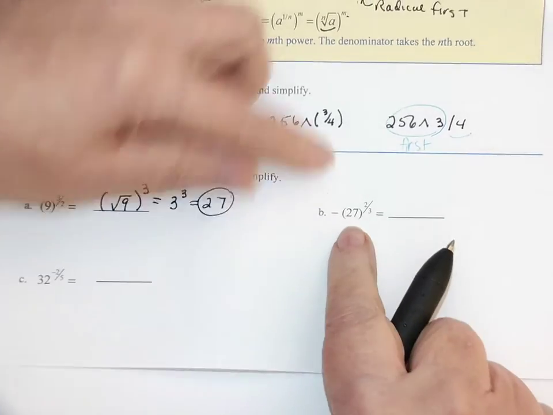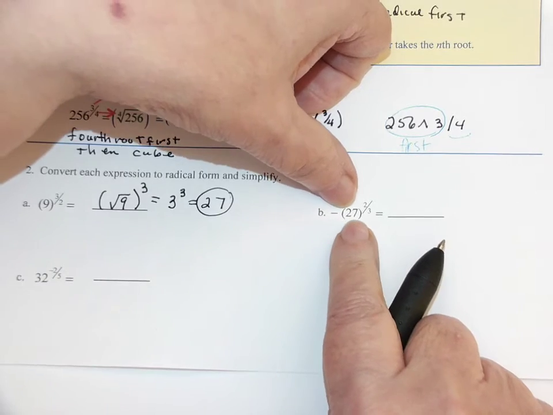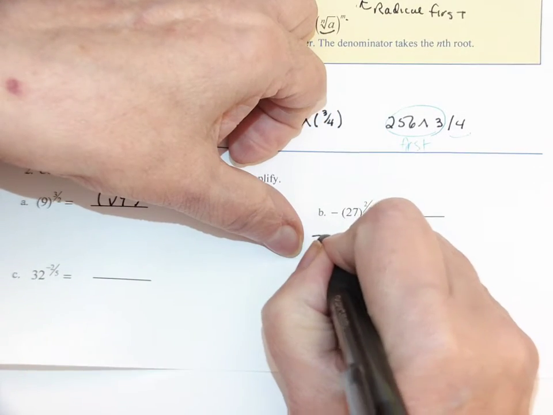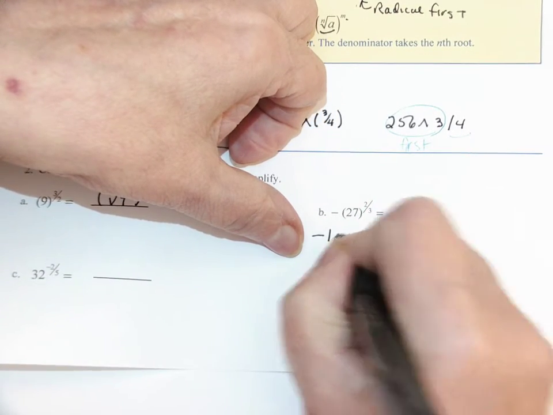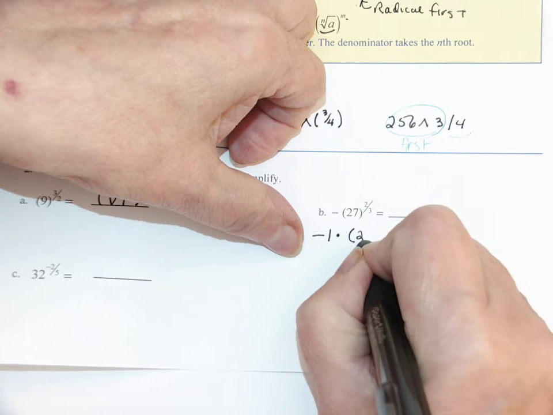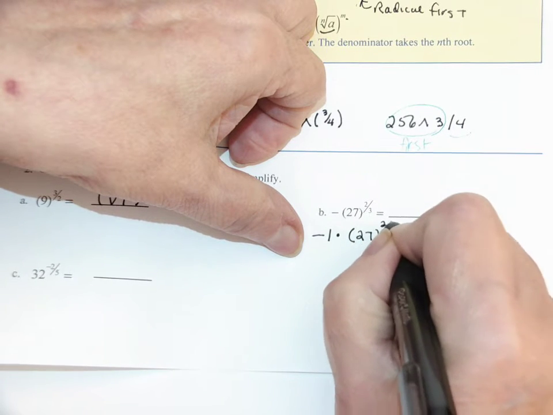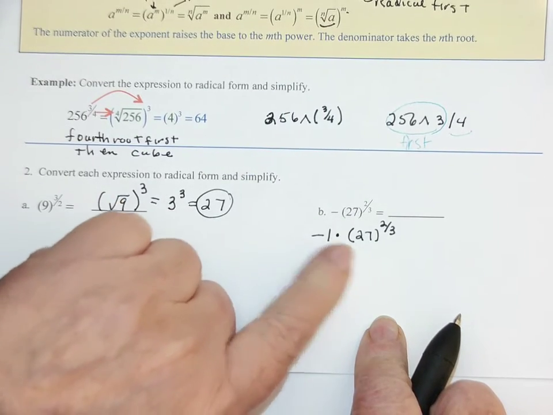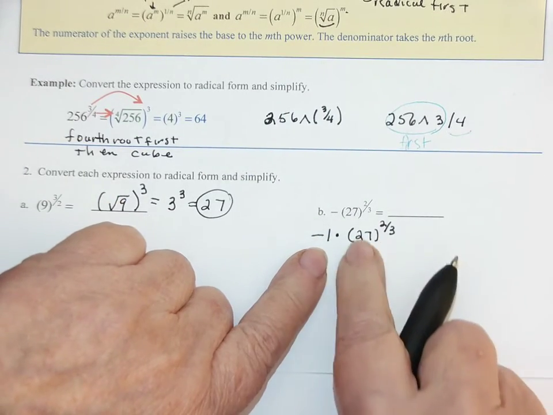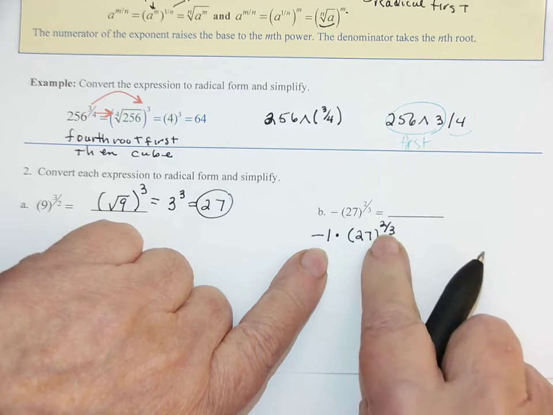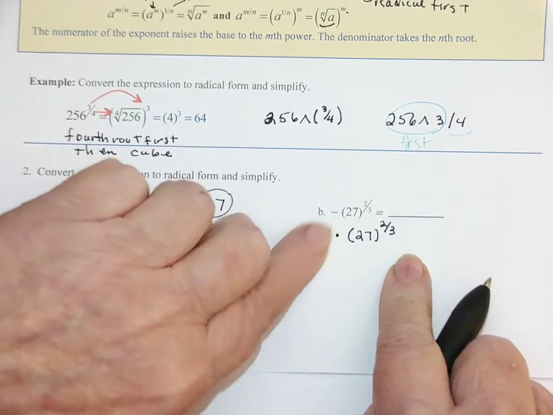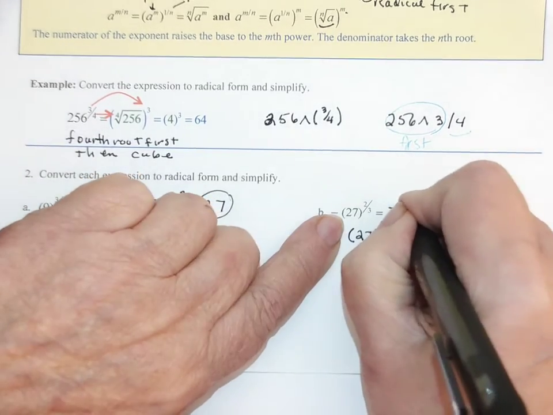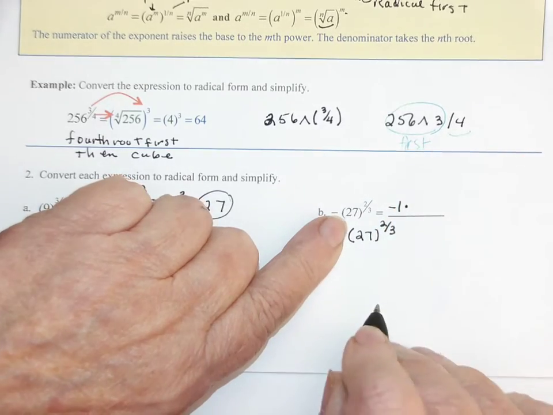Now this is a little different. Notice the minus is outside the parentheses. This is saying take -1, then multiply it times 27 to the 2/3. These are two separate things. And powers get done before multiplication. So this then becomes -1, take the opposite of.